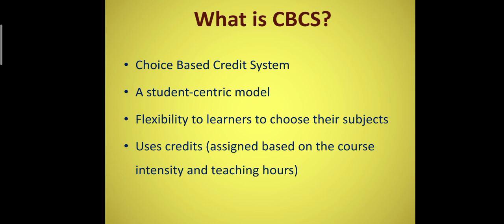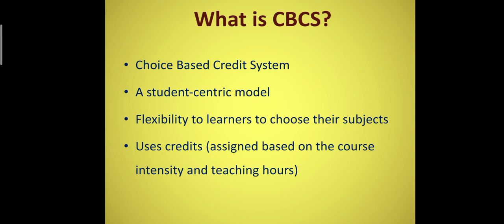Okay, so the learners will get a lot of options to choose from. What are they choosing? We are talking about choosing the subjects. So CBCS is choice based. The phrase itself says choice based. Choice is the learner's choice to choose different subjects according to their capacity, according to their interest. They can choose different subjects.